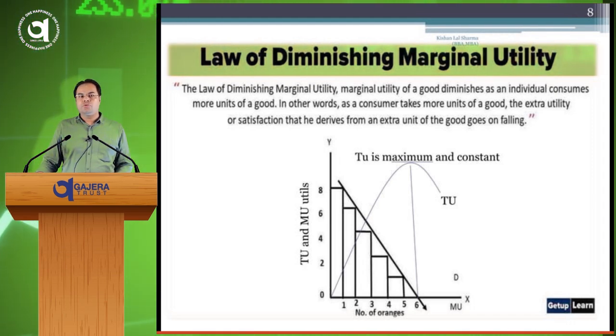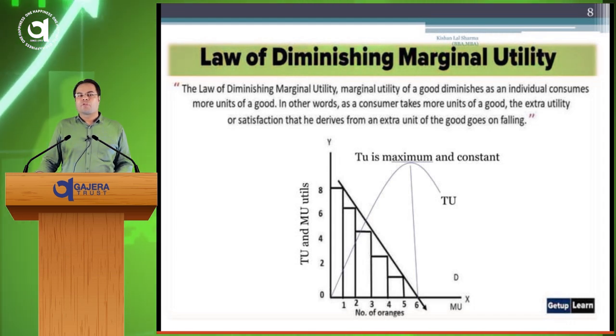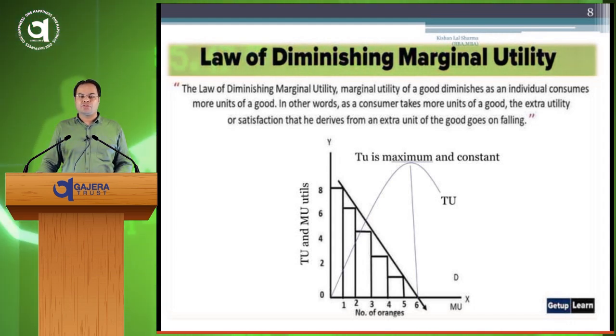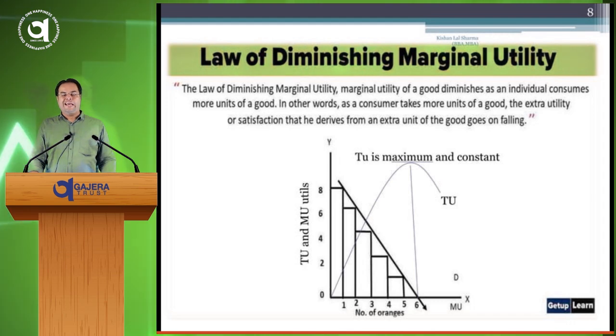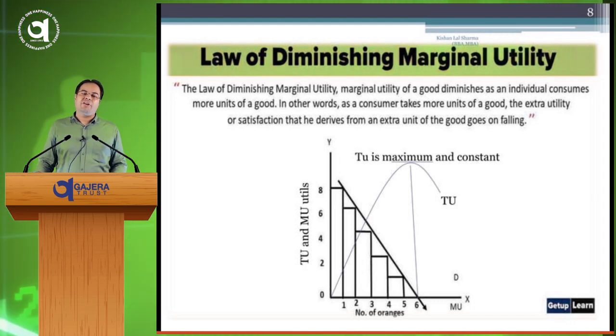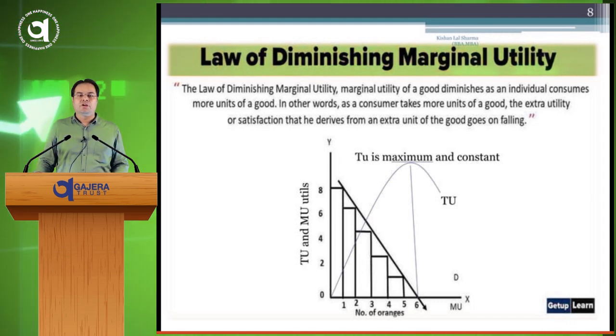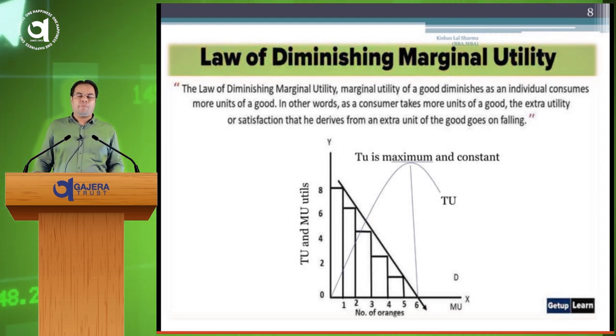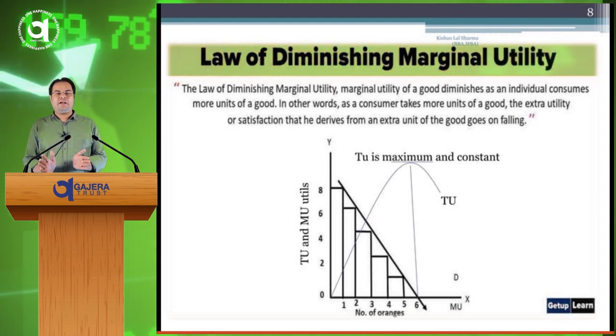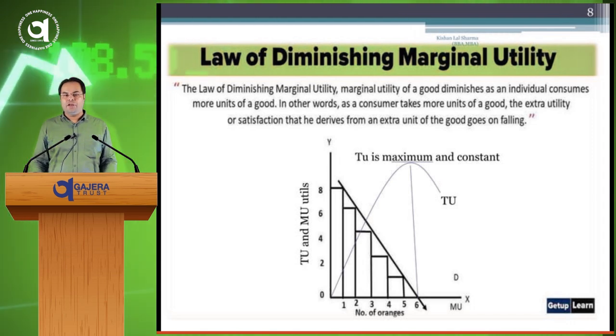Here you can see how much total utility and marginal utility are derived from the good. As the consumer consumes more and more units, the extra utility or level of satisfaction he derives from an extra unit of the good goes on falling, because a person has a level after which he won't be able to consume that product.